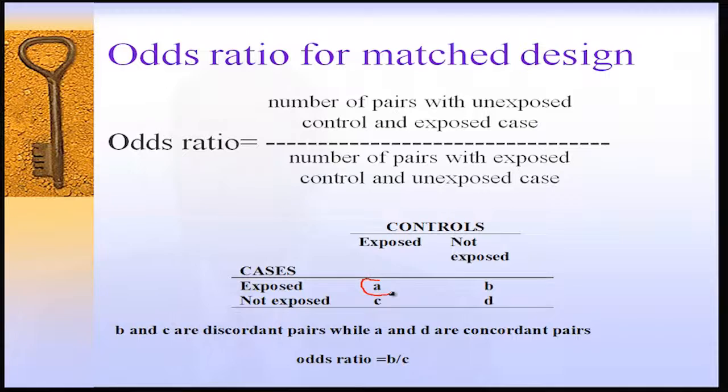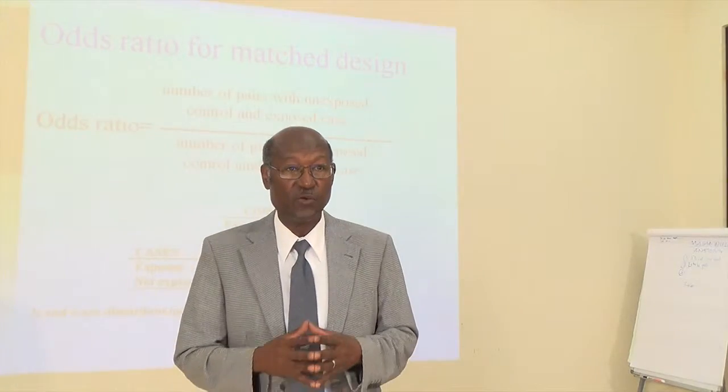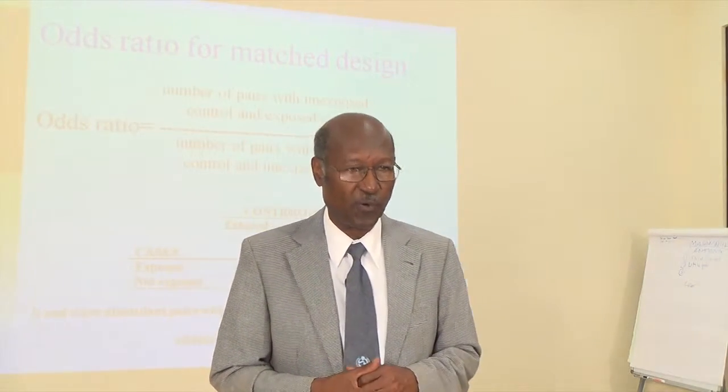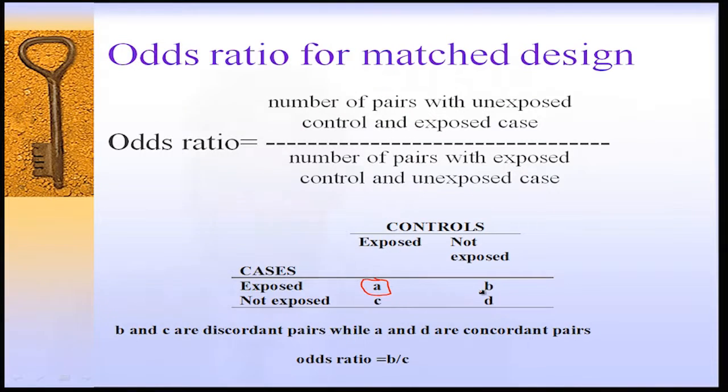In this case, A will represent not a single case or a single control, but a pair in which both the case and the control are exposed. And D represents a pair in which both the control and the case are not exposed. We call these concordant pairs.